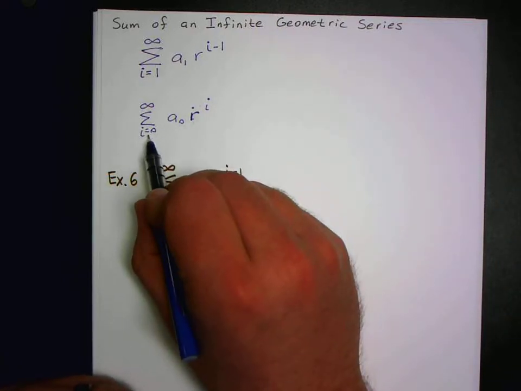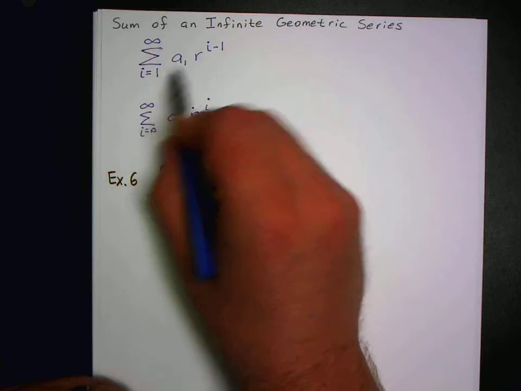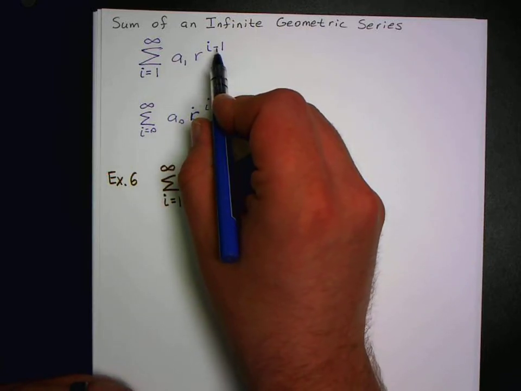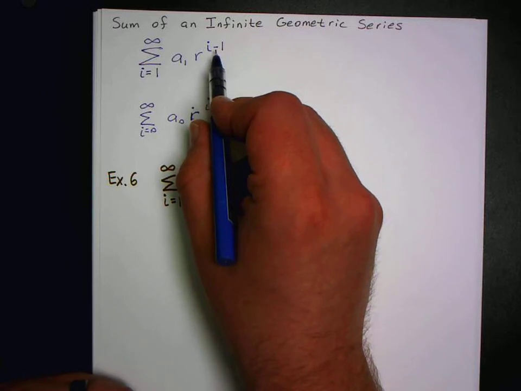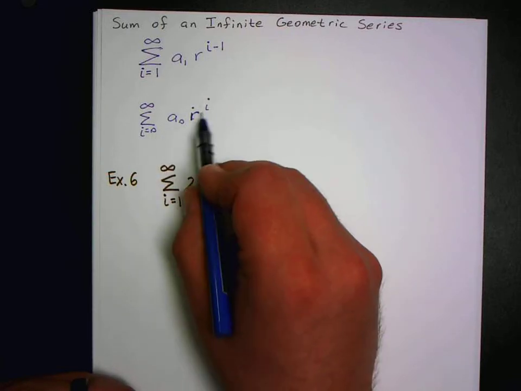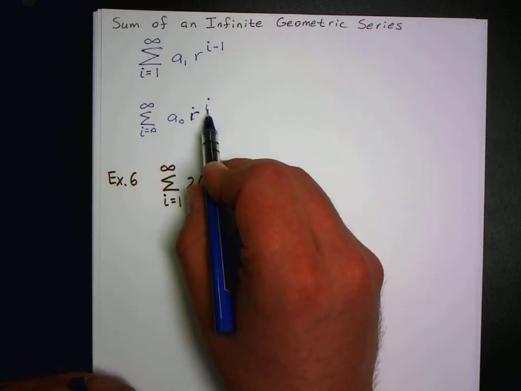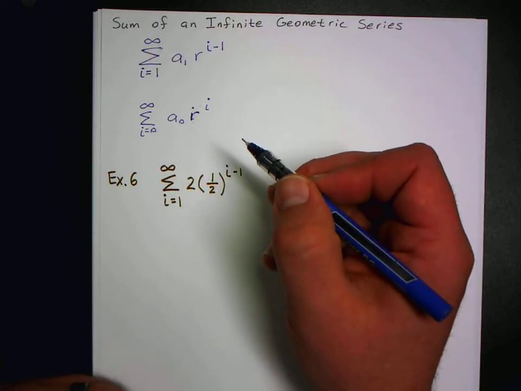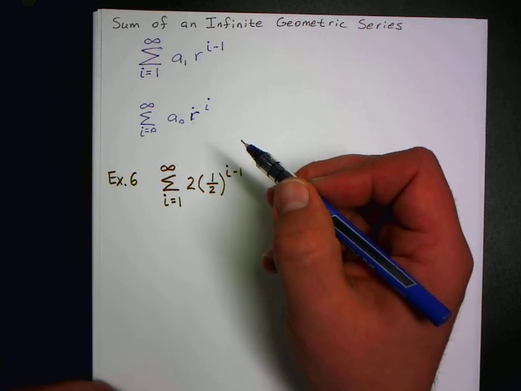Well, whenever I do my first one here, I end up with 1 minus 1, so R to the 0, R disappears, right? Because it becomes 1. Well, here, whenever I put 0 in here, that's R to the 0, so it becomes 1. So it disappears. So then we don't want that? Yeah, your first term, you don't want R in it.